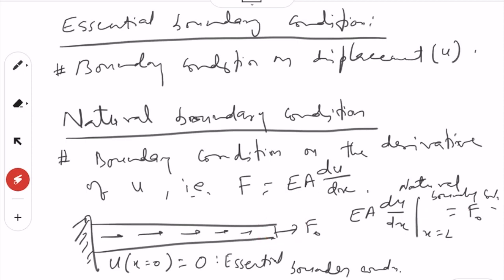We have only two boundaries, so the force will be at one or the other. If the force is there, you say this equals the force. If there is no force, you do not say it equals 0. In that case, all the stress analysis will be based on the body force only.